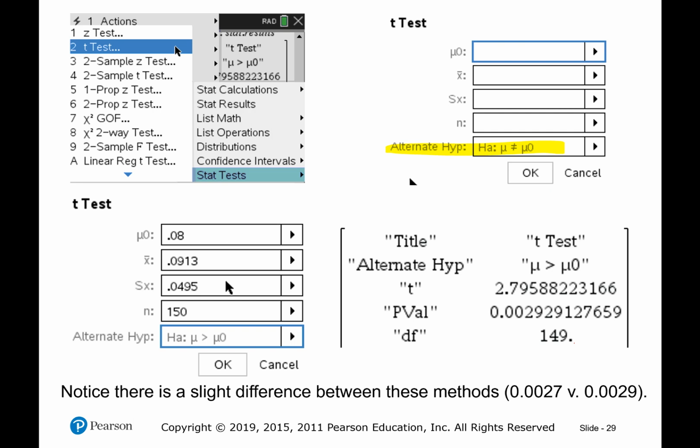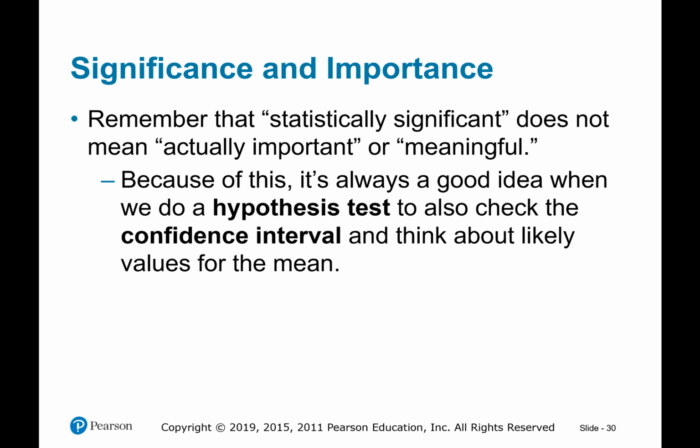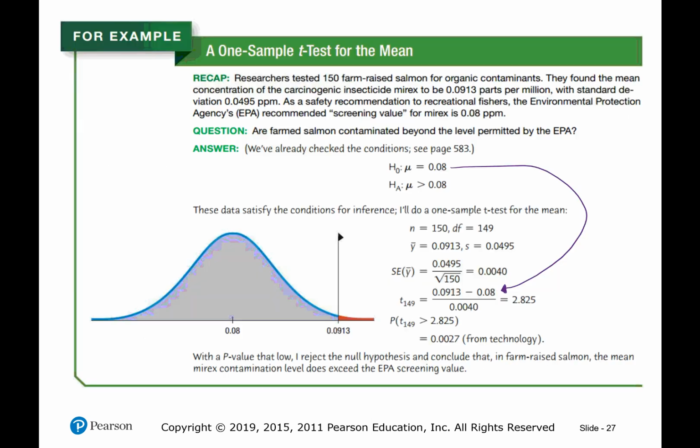Does that difference affect the outcome? Well, not in this case. Again, if we're saying the alpha level is 0.05, it doesn't matter which function on the calculator you use here, we are going to draw the same conclusion, that the p-value is so low that we reject the null hypothesis and we proceed from there.